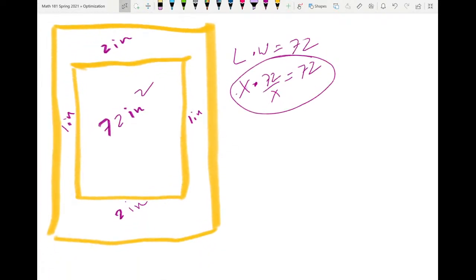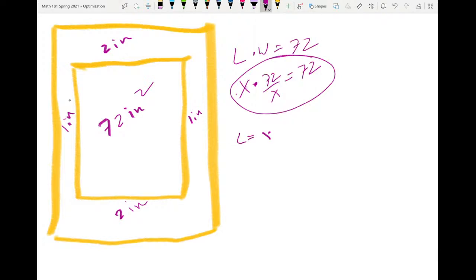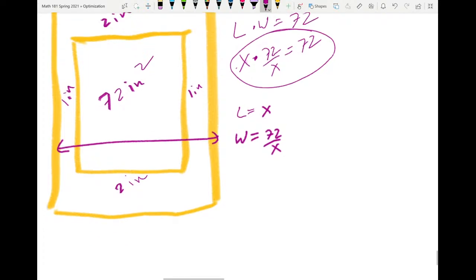Okay, so let's set it up. So what's the actual dimension of the poster? All right, if L equals X, width equals what? 72 over X, right? Now what's this total width for the poster?